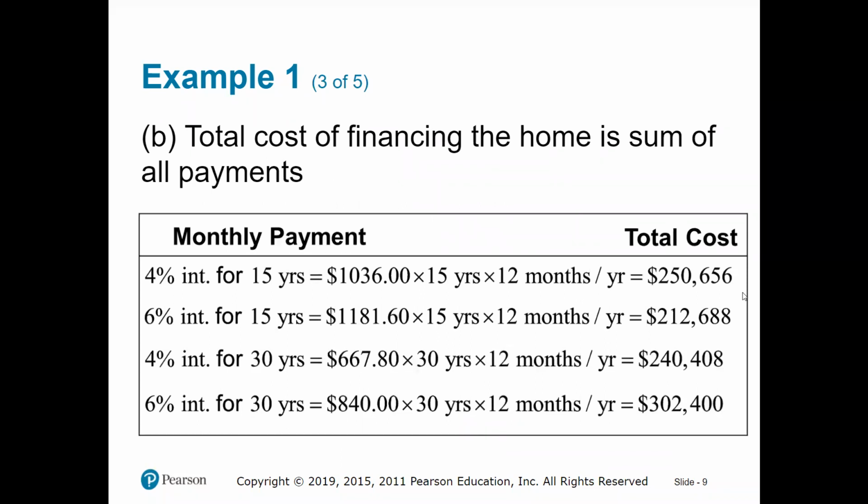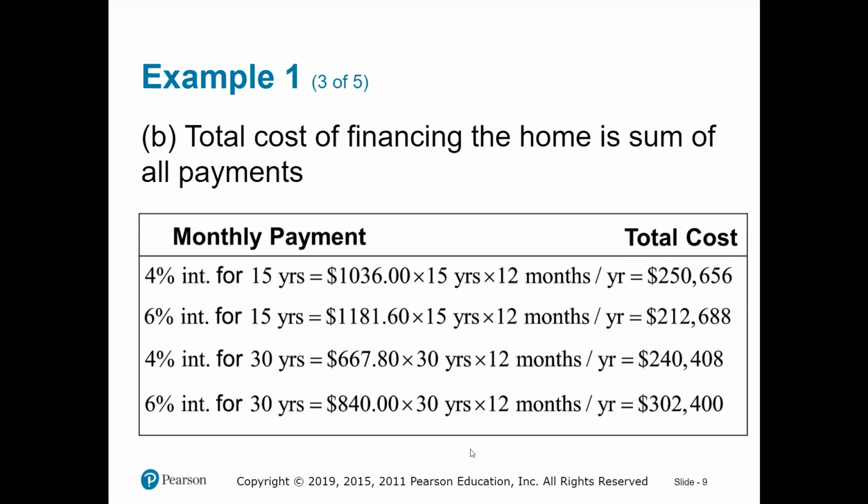Okay, so total cost of financing the home is the sum of all the payments. So again, they're doing this like per situation. So 4% interest for 15 years would be the 1,036 times 15 years times 12 months per year is going to be a total cost of $250,656.